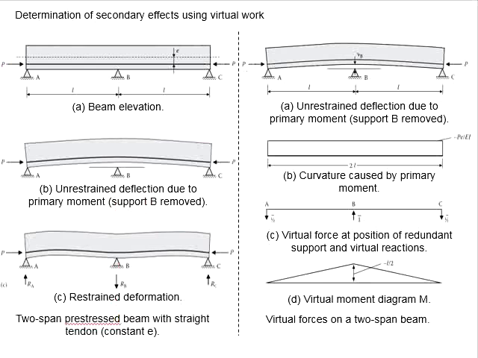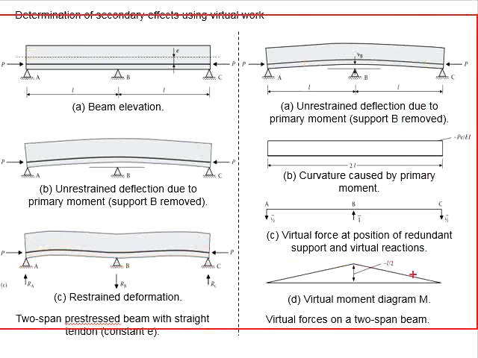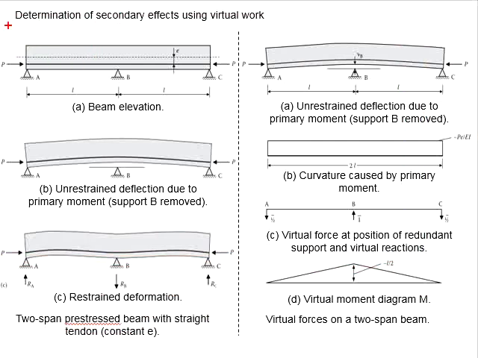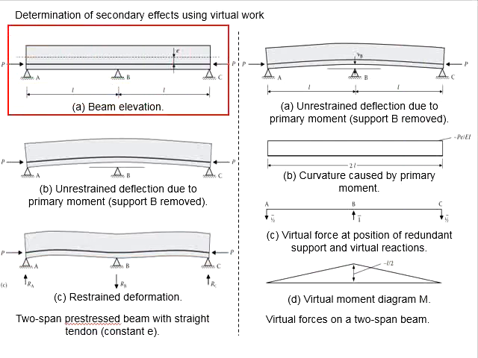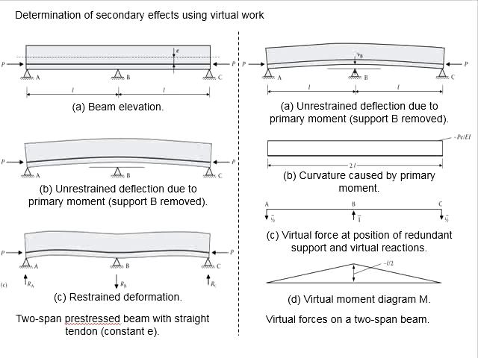For a better understanding of such a response, you may refer to this slide. This is how a continuous beam with an offset prestressing force looks. In the case that you do not have the redundant support B here, the prestressing force should theoretically lead to the deformation in this manner.